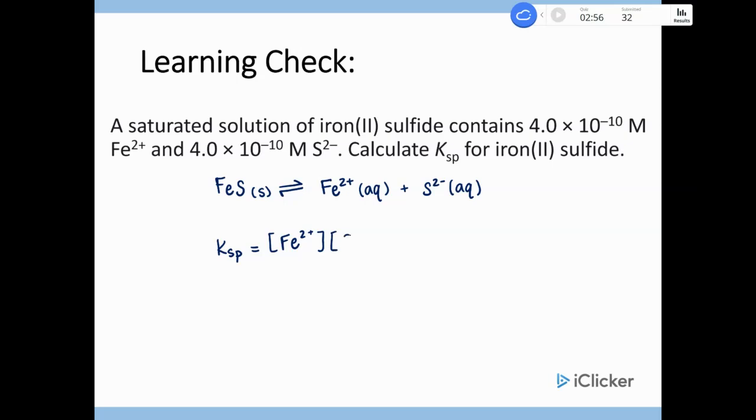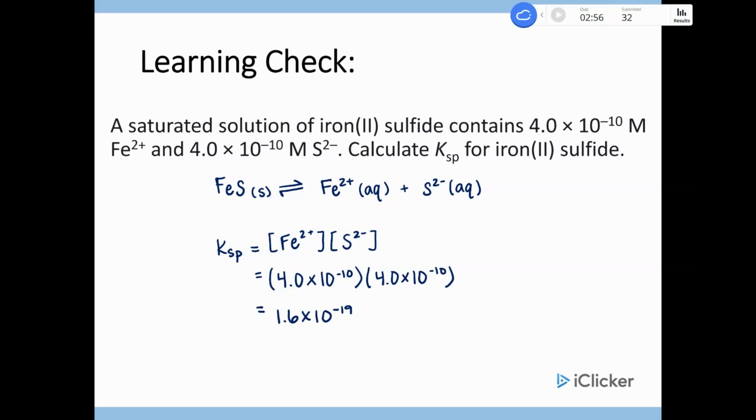There are no coefficients. Everything's in a 1:1:1 ratio, so no exponents. So now we're just plugging in values. So this one is 1.6 times 10 to the negative 19.